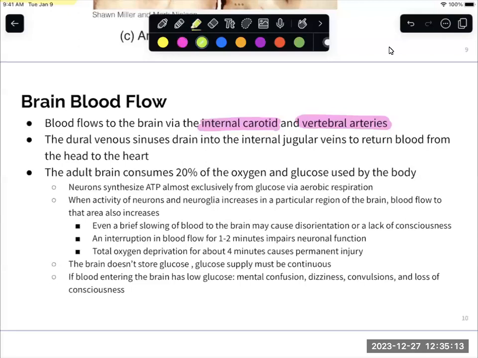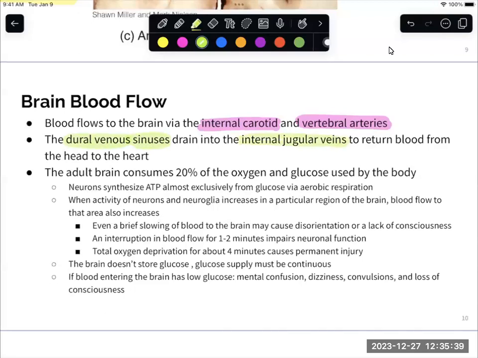We drain blood through sinuses. A sinus is an area where blood collects before it drains out of the skull. So we have these dural venous sinuses that are going to drain into the internal jugular veins.